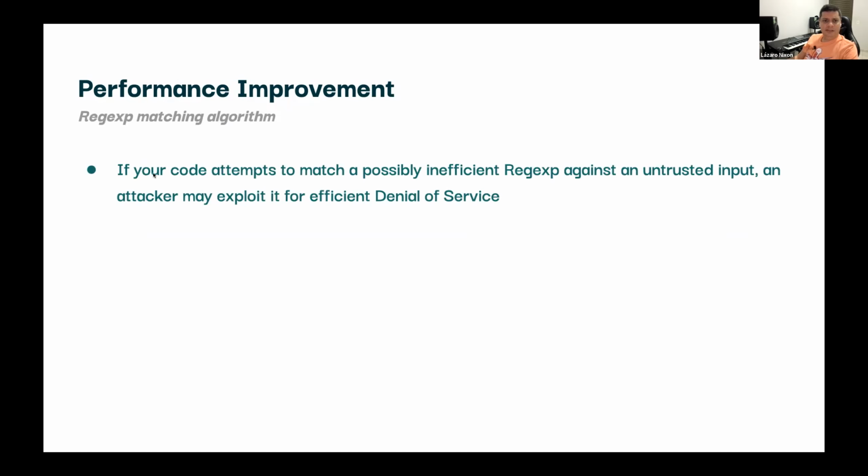Another thing: if your code attempts to match a possibly inefficient regex against an untrusted input, an attacker may exploit it for denial of service. So if you make a field public for your user to enter a regex in your application, I don't recommend doing that because it's not secure.